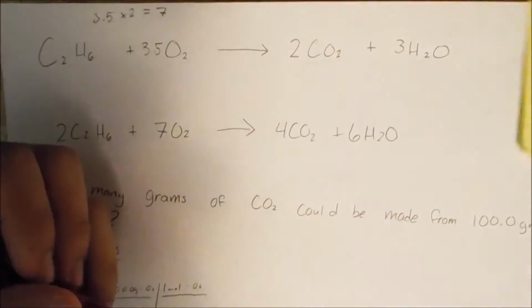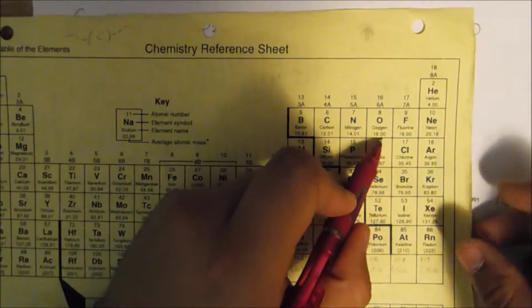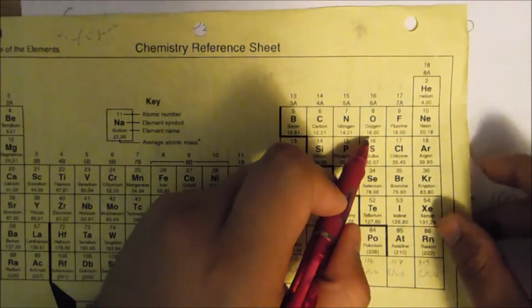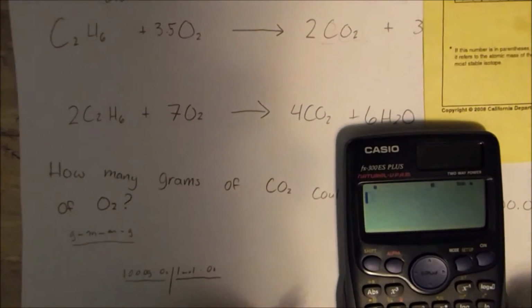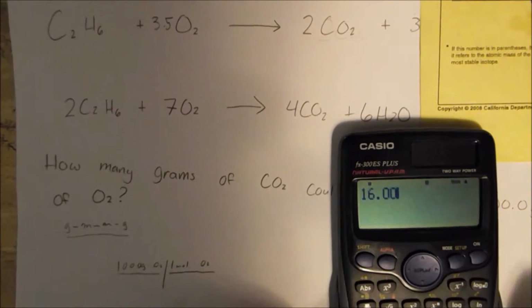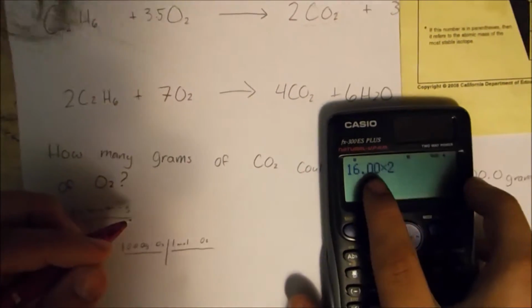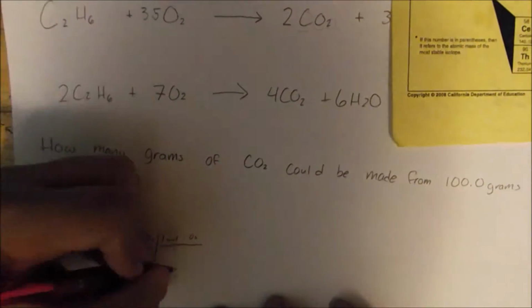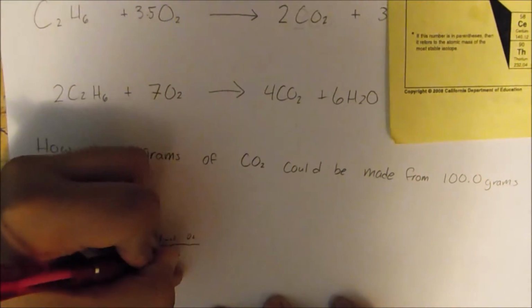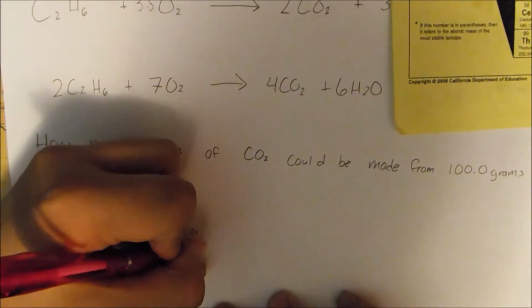If you look on the periodic table, O is 16.00 AMU, so 16.00 times 2 equals 32.00 grams of O2.